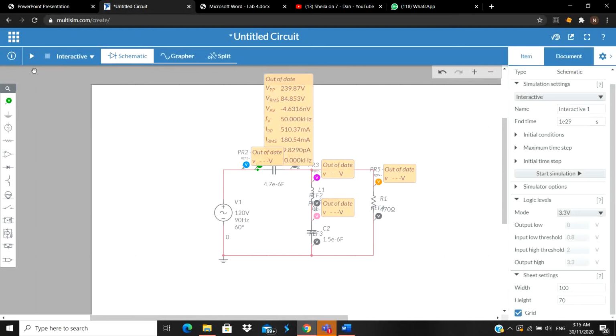Okay, here we run, see all the voltage across each component that we have added, the voltage annotation.